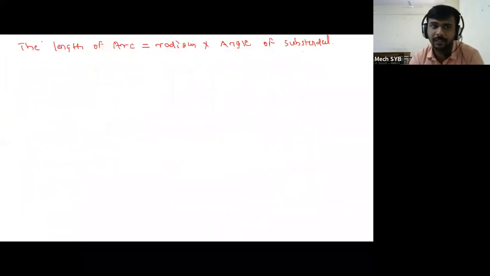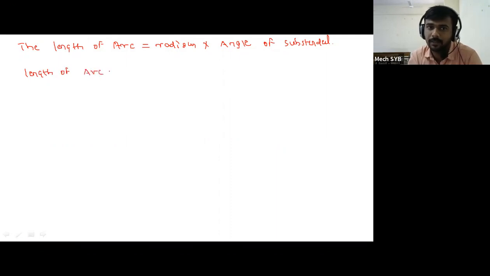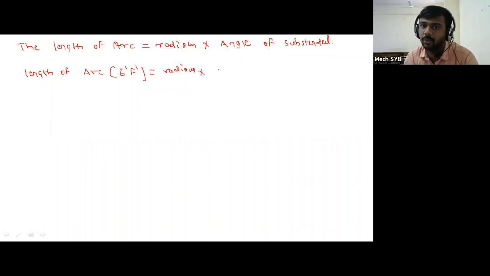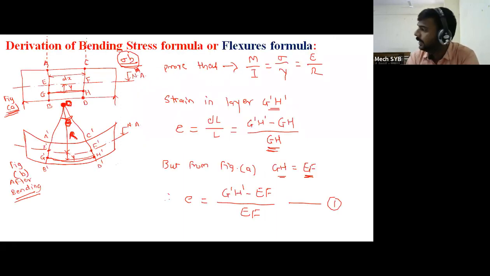So initially, length of arc E dash F dash is equal to radius into angle. Now from figure B, E dash F dash is present on the center.